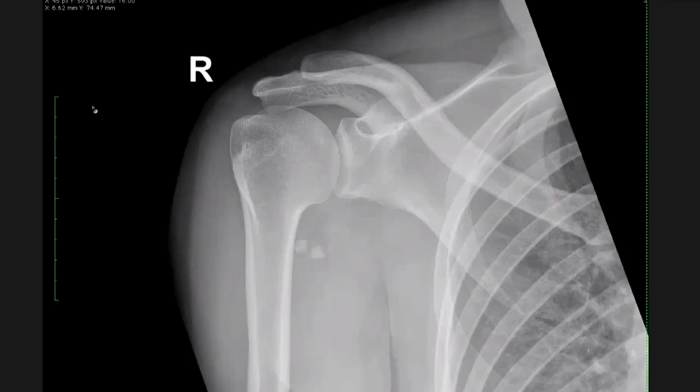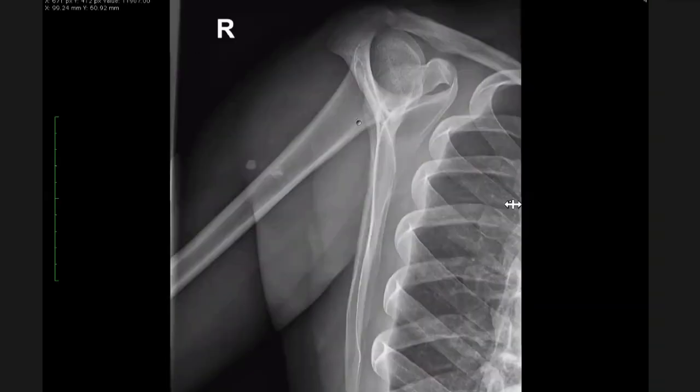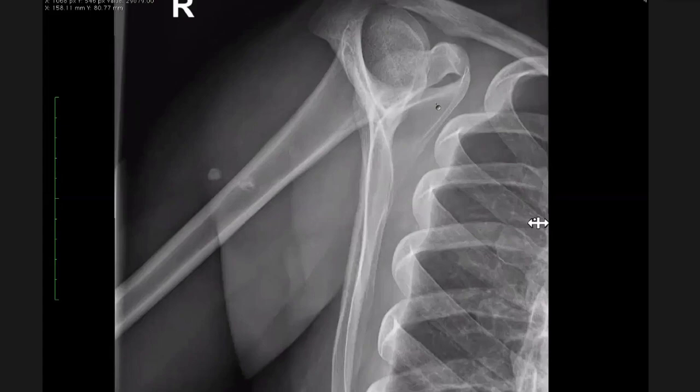Okay, so what will be the next thing you'll ask for? What should I show you? Another view can be seen. There we go. That's the other view. This is an axial view, a scapular Y view. Again, the calcific density is noted.